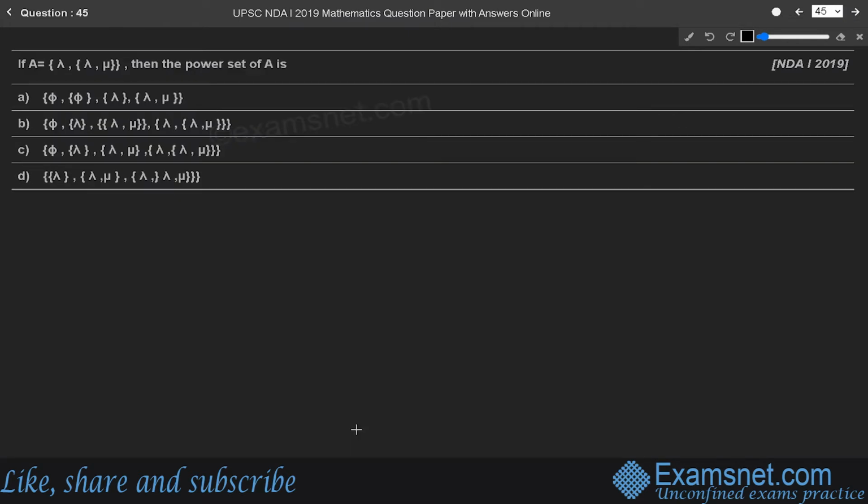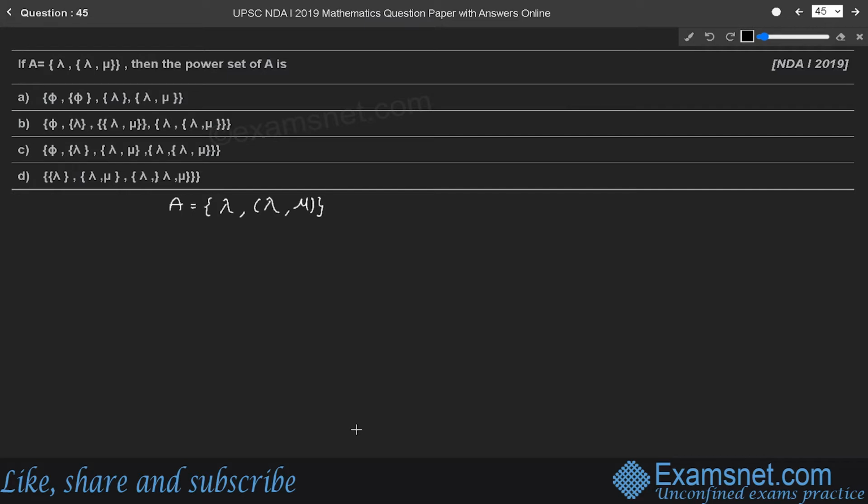Next question is, if A is equal to {lambda, mu}, this is a set, then the power set of A is. It is a very simple question.